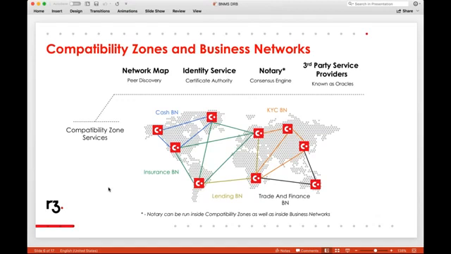No. The one question I have on this slide, which I didn't understand, was that notaries can be run inside compatibility zones as well as inside business networks. I don't understand what that really means. Yeah, this basically touches the trust issue. So as you know, one of the parameters in the compatibility zone is the list of the trusted notaries on the network.